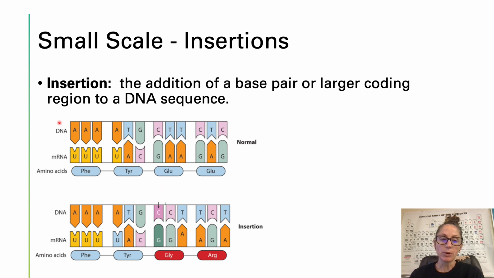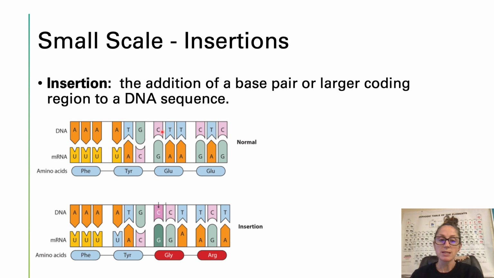So in this example, we have our normal sequence, and we see what the mRNA sequence is and then what the amino acid sequence should be. But we have an insertion of a cytosine. So instead of being CTT, this C got replaced, and that's going to move everything down.